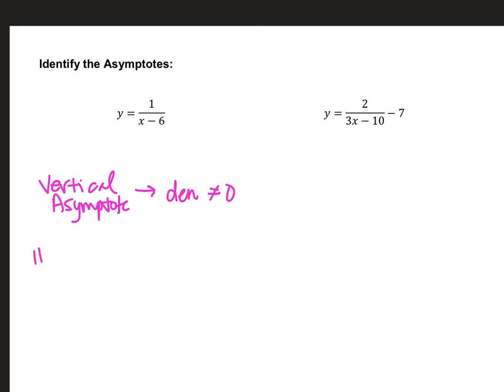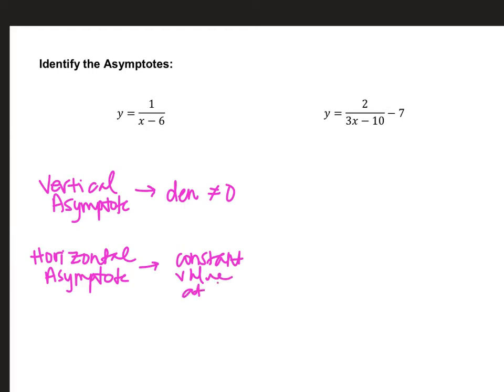The horizontal asymptote is the constant value at the end, and I'll show you what I mean by that. Okay, so get those written in your notes, and then let's actually find the asymptotes.